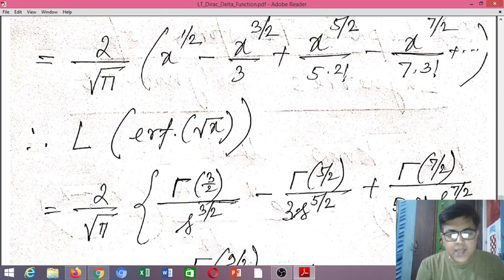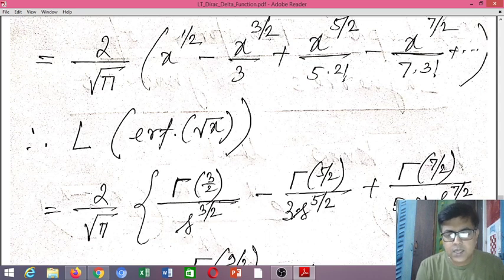Next term is Laplace transform x to the power 3 by 2. In the same manner you can do it. So it will be gamma 3 by 2 plus 1 divided by s to the power 3 by 2 plus 1. Because it's gamma n plus 1 by s to the power n plus 1. So gamma 3 by 2 plus 1 is gamma 5 by 2 divided by 3 was already there into s to the power 5 by 2. And in this way, I go on finding out for the remaining terms.